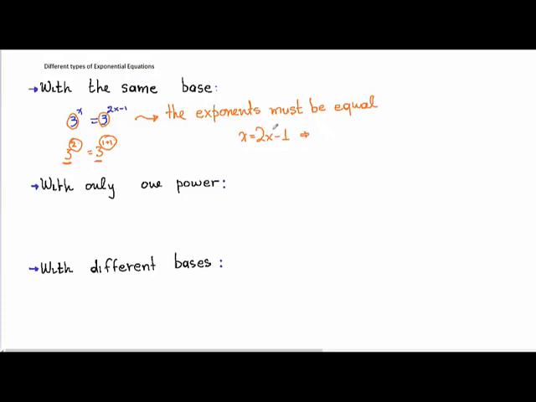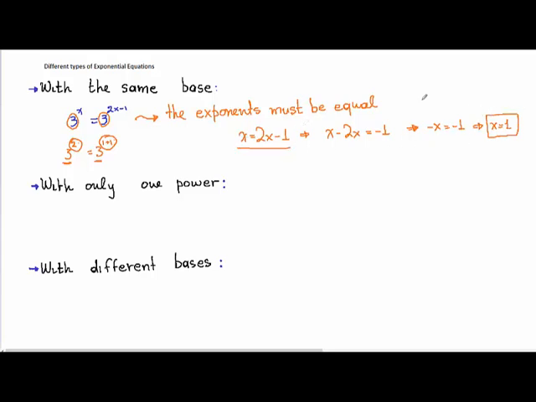I move all my variable terms to one side, and I have x minus 2x equals negative 1. I combine the like terms, and I have negative x equals negative 1. I simplify the signs here, and I have x equals 1. And this will be the answer for this equation right here.